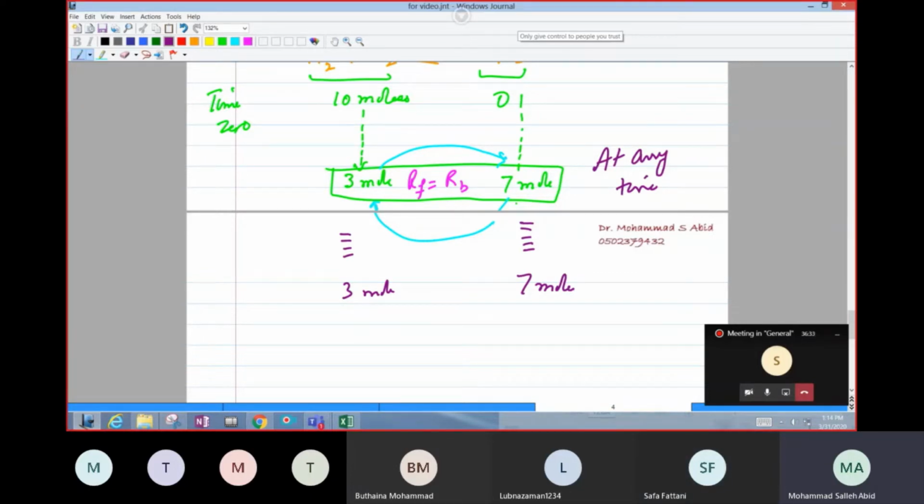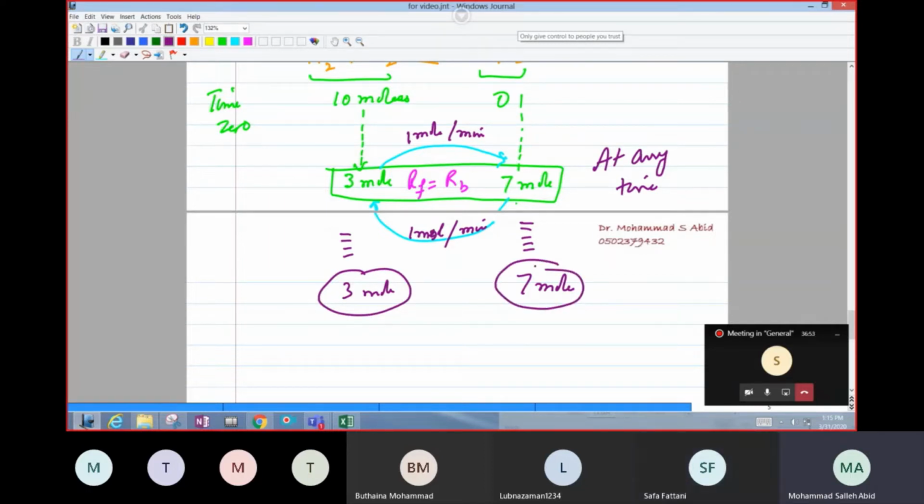Now at this point, if 1 mole of reactants per minute are converted into products, then in the same time, 1 mole of the product will also convert into the reactant because the rate is the same. So the amount of the reactant is not going to change, the amount of the product is not going to change, even though the reactants are converting into products and the products are converting into reactants.